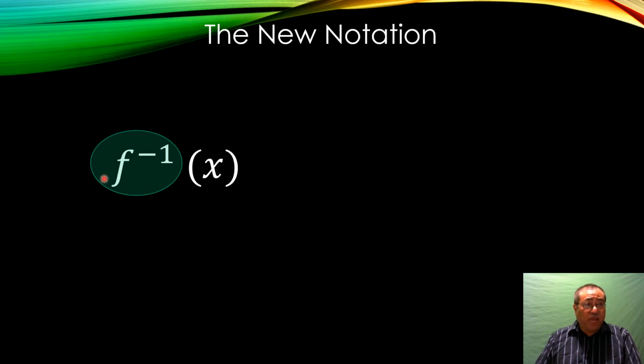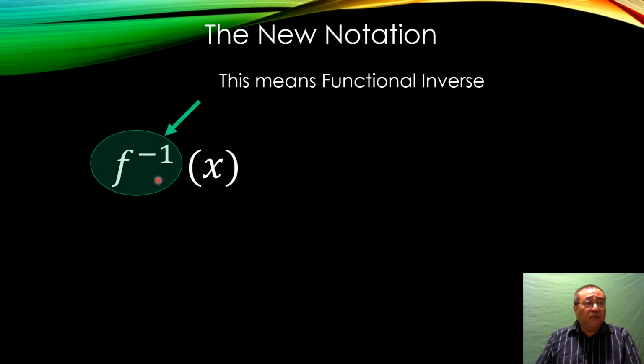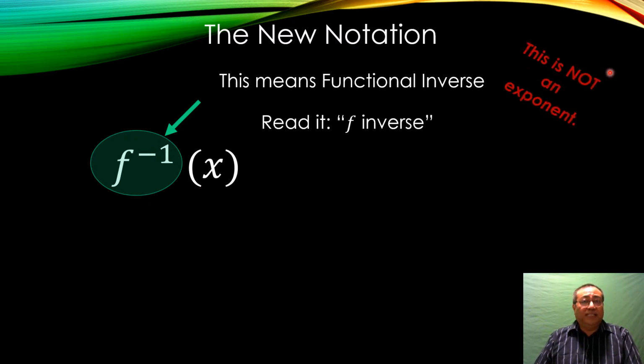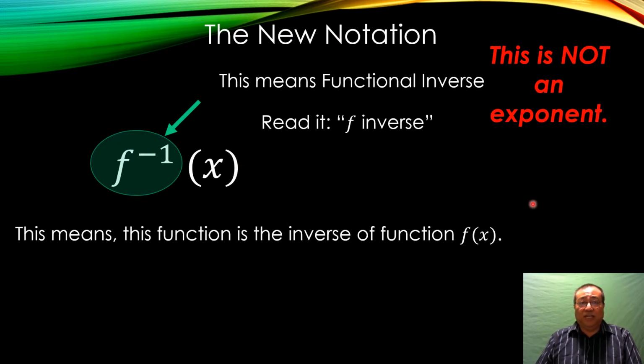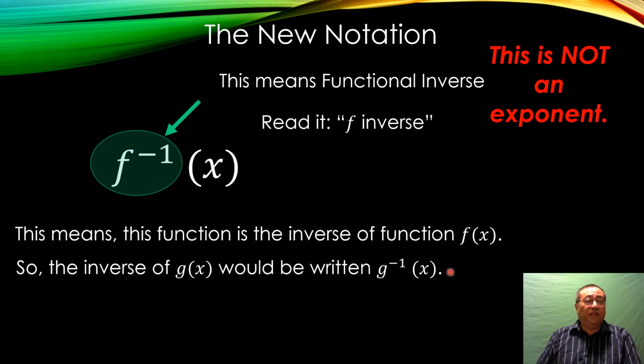It looks like an exponent of -1, but this means functional inverse, and we read it f inverse. This -1 is not an exponent. That's one of the confusing things about math. This means that this function is the inverse of function f of x. So f inverse x is the inverse of function f.